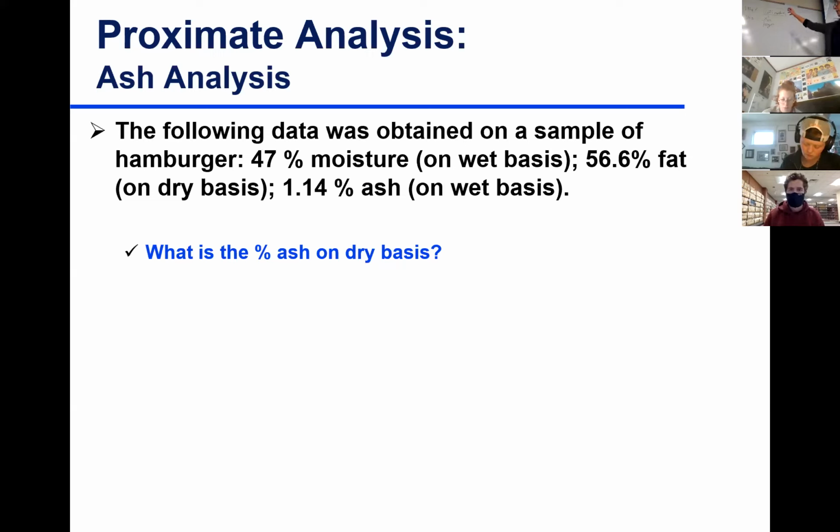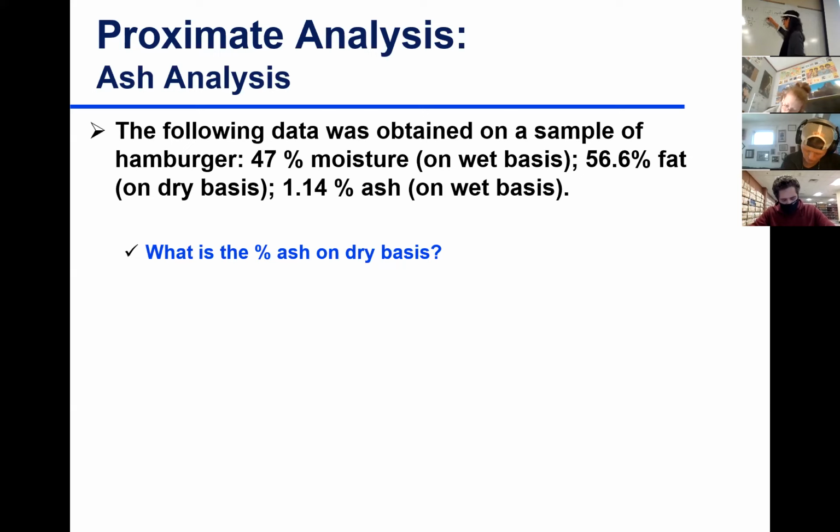I have 47 grams per 100 grams moisture. What would be my total solids? 53 grams. So I have, out of my 53 grams in 100 grams total sample, I have 1.14 grams of ash.